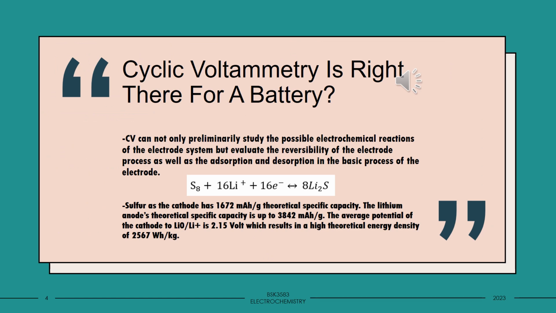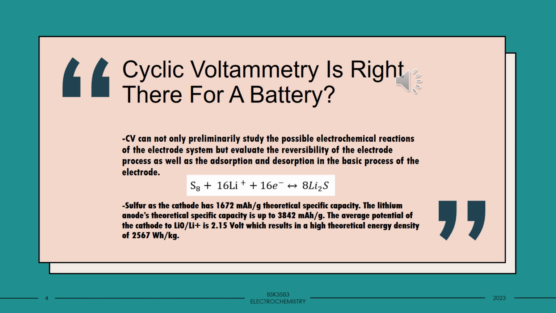Then, cyclic voltammetry for a battery. Okay, firstly, we talk about what cyclic voltammetry is. Cyclic voltammetry is almost everywhere in the electrochemistry world because of its powerful analytic strength. A battery cannot be absent from an electrochemistry talk, as cyclic voltammetry has been widely used to explore complex electrochemical reactions and dynamics.